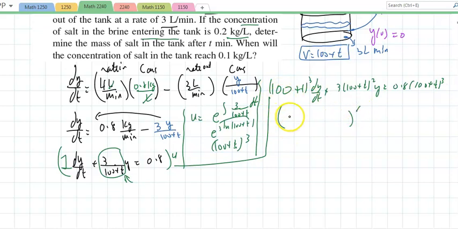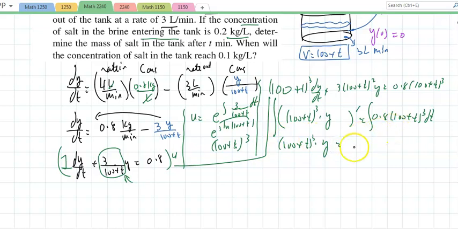If I think of this as the product rule, this is 100 plus t cubed times y equaling 0.8 into 100 plus t cubed. If I integrate with respect to t, I'll get 100 plus t cubed times y equals 0.8. Add 1 to the power, divide by that. You could use a u sub, but there's no need.